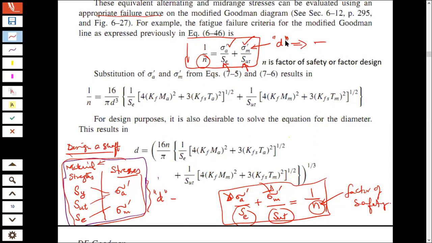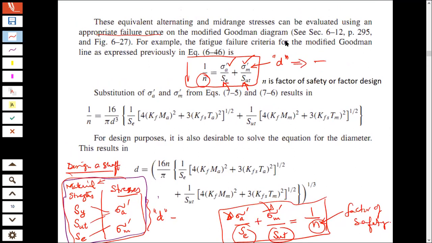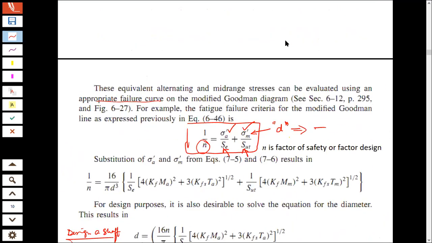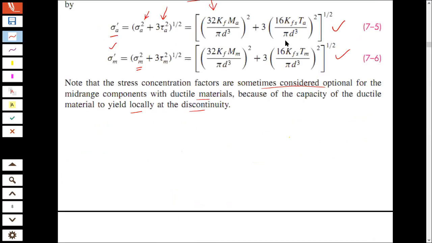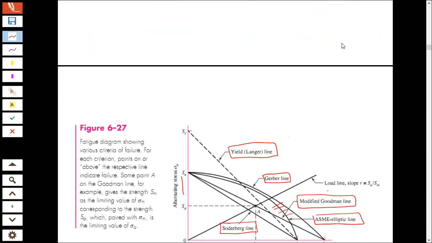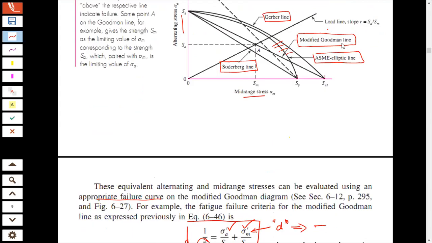Okay? For example, what is your sigma A dash equal to? You already know it is equal to this value, and your sigma M dash is equal to this value. So take these values and put them in this equation.